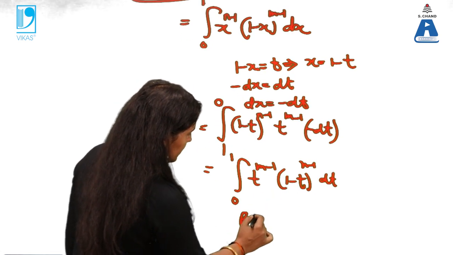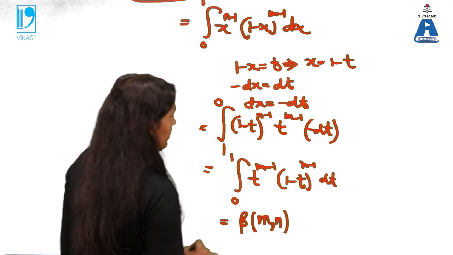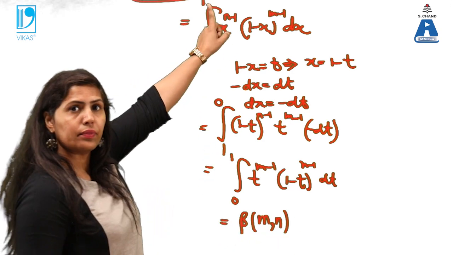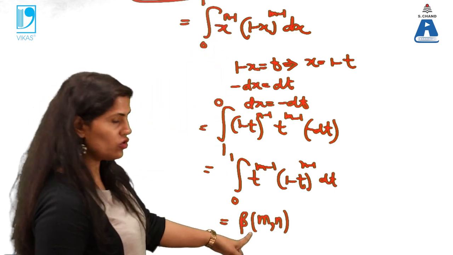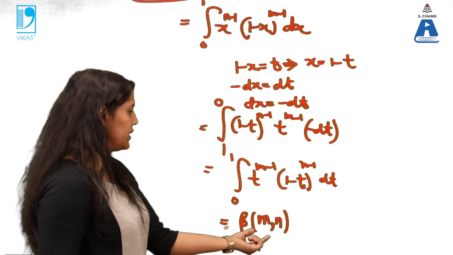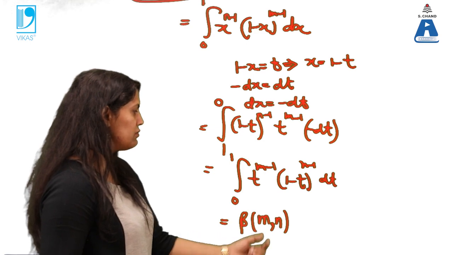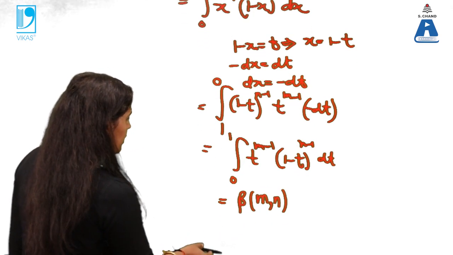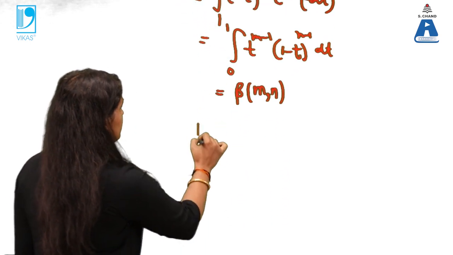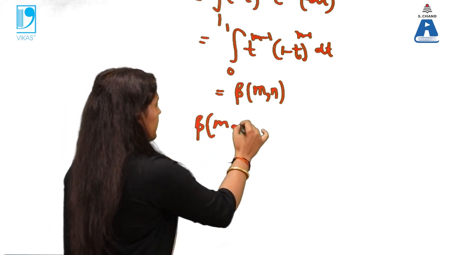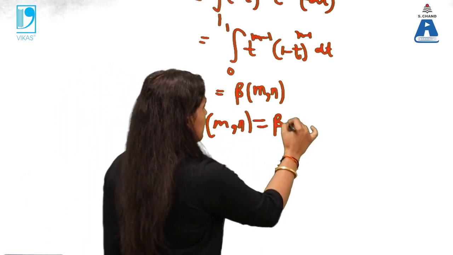So, I started with beta nm and I have reached beta mn. I have got that it is exactly the same as beta mn. So this is a very useful property. We'll remember it: beta mn is beta nm.